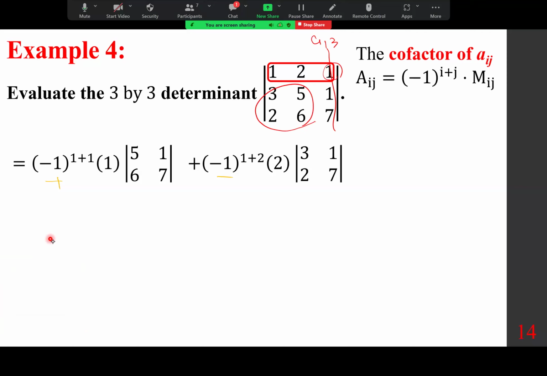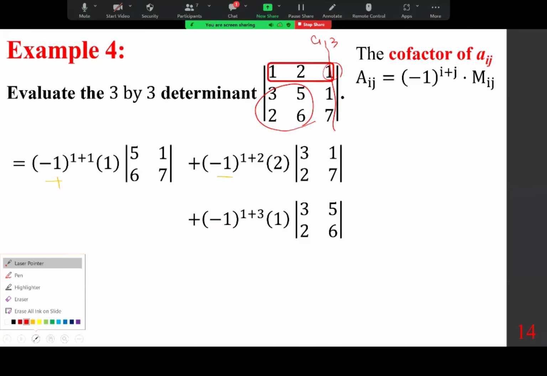So -1 to the power of 1 plus 3 times this number, which happened to be 1, times this determinant. And again, notice this is positive. They alternate. Just remember, so you don't have to worry about that, but -1 to the power of i plus j.